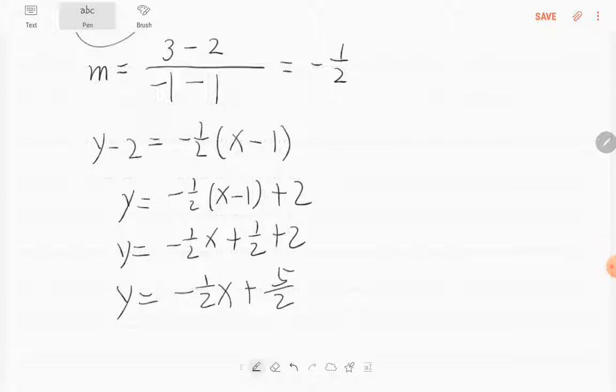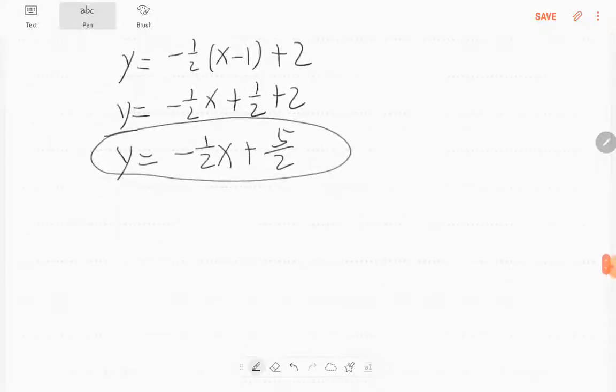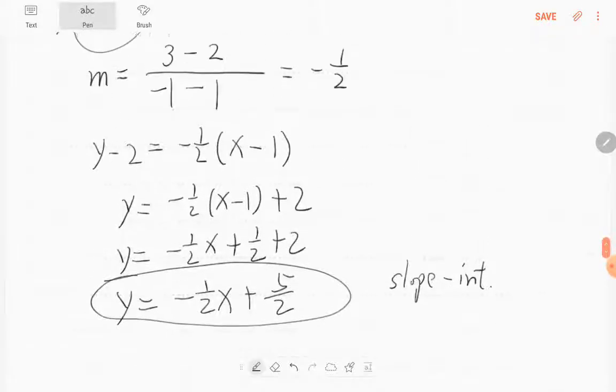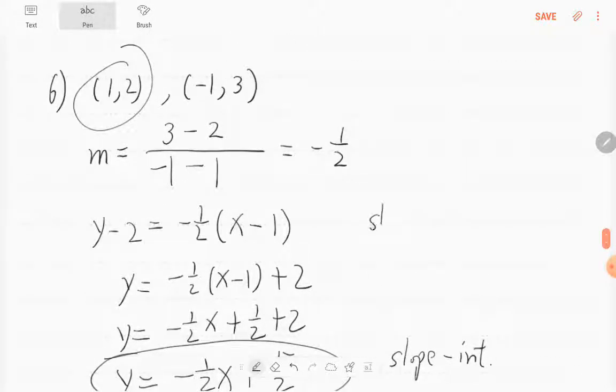So this is the slope-intercept form. If the problem asks you to give the standard form, this is the slope-intercept form. This is the point slope form.